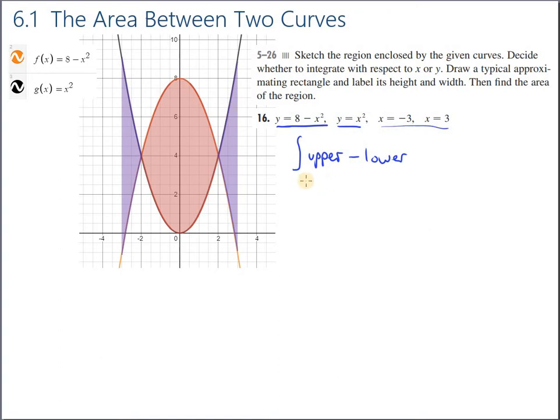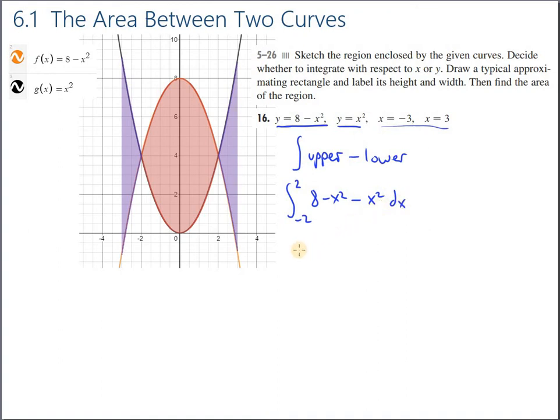So we're actually going to have to do two pieces here. We're going to have to do one part that goes from -2 to 2, where the downward facing parabola is the upper one. So that portion will be 8 minus x squared, the upper, minus x squared, the lower, dx.